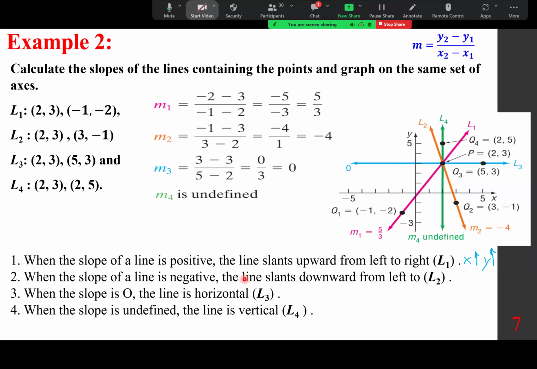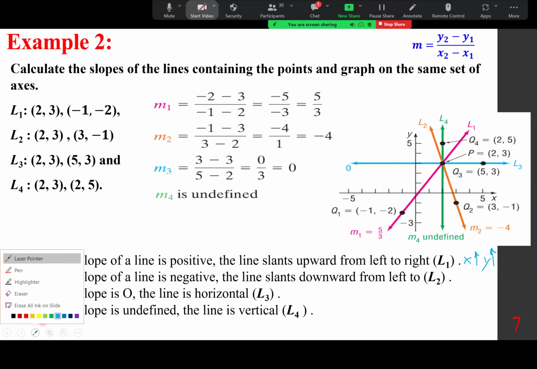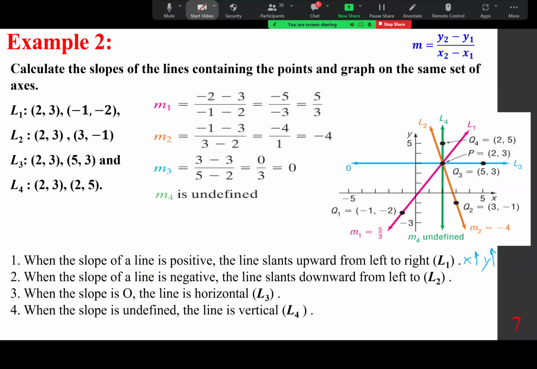When the slope of a line is negative, the line slants downward from left to right. For example, L sub 2. Take a look at this one, which simply put means x gets larger, but y gets smaller. Does that make sense?